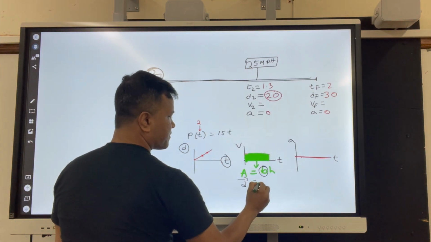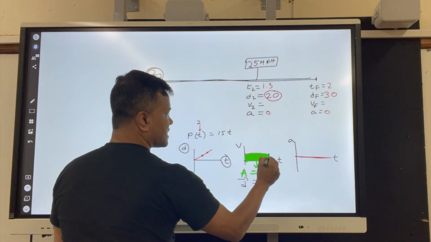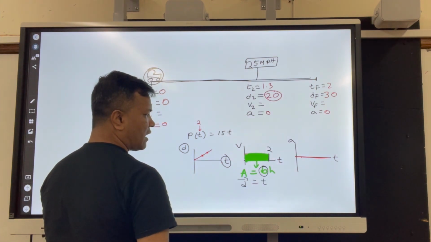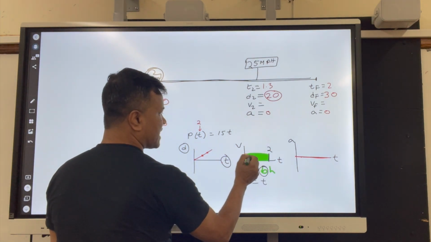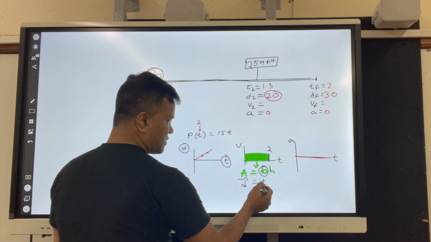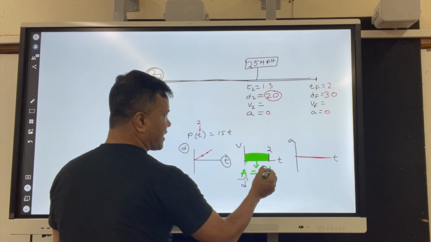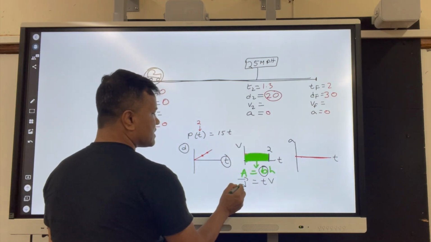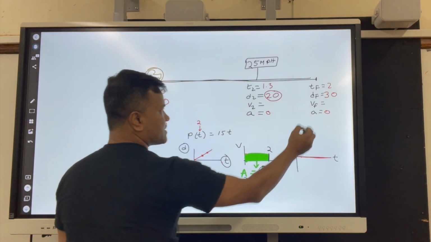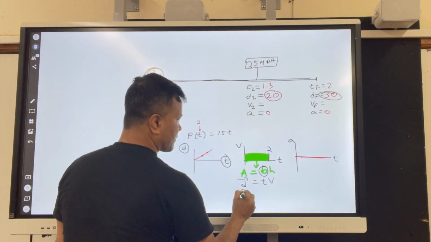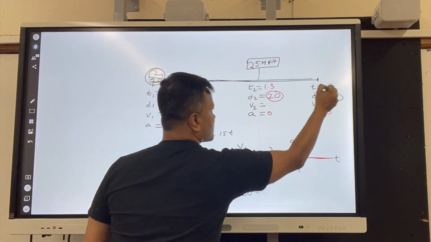The base is time, and how long? The time is 2. And what is the area? We'll talk about it. And then h is the velocity. The displacement is 30 when time is 2 hours.